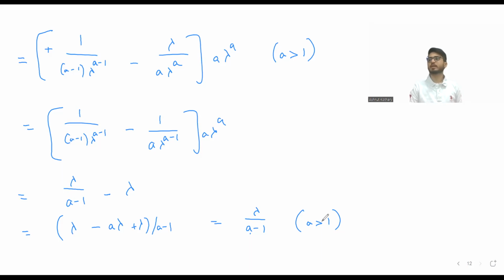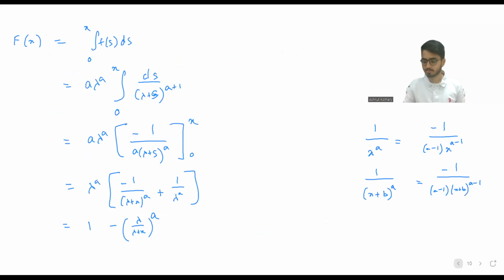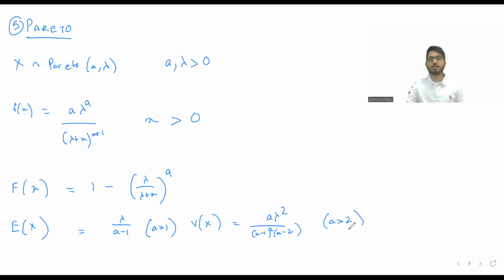When you'll be finding expectation x square, you will see that you'll get the condition that alpha must be greater than 2. And here also we saw when I quoted variance, alpha was greater than 2. So remember that for a Pareto distribution, expectation x to the power k will exist only if alpha is greater than k. You can take this down.